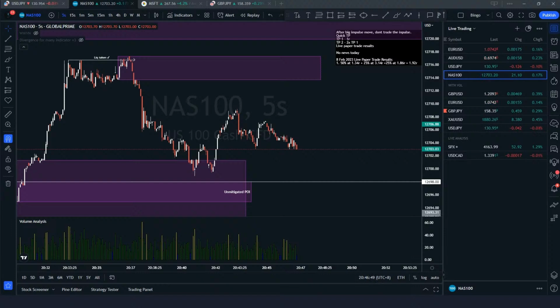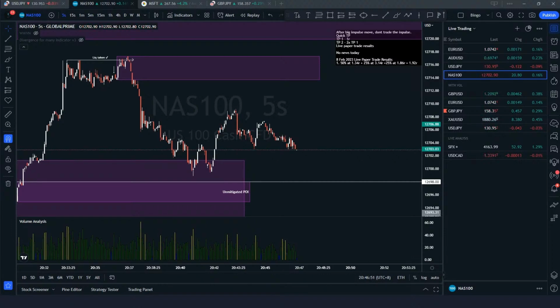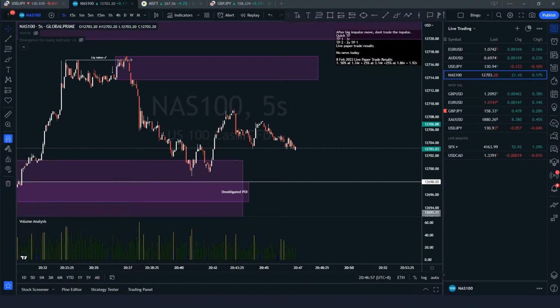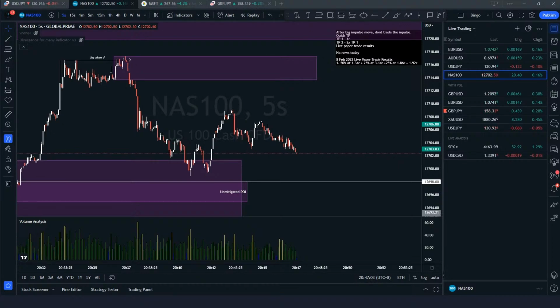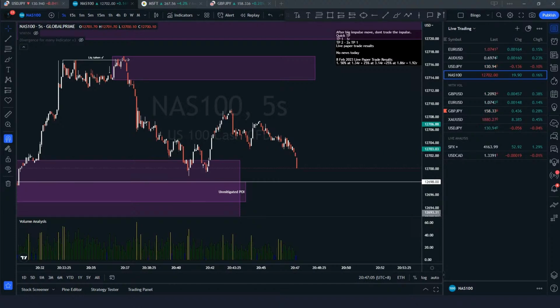I'm not alone. And at what point did I consider myself a profitable trader? When I first got my funded account payout. It was a 10k account, so it wasn't great.